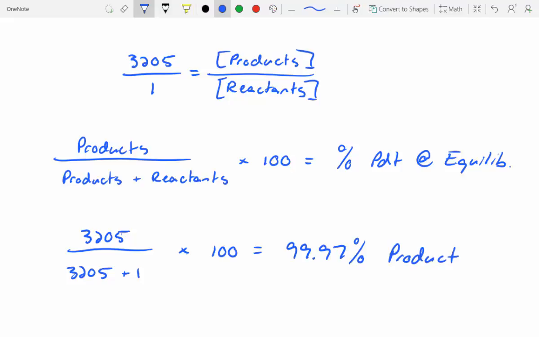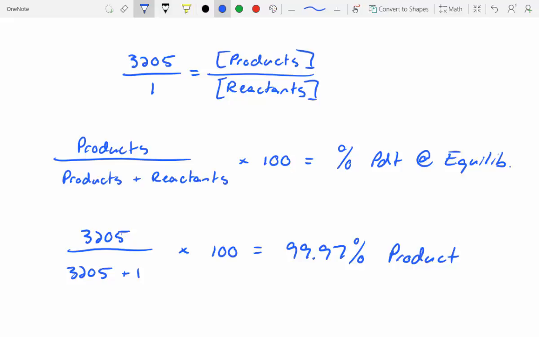So if we think about this from a practical point of view, if our delta G value is negative 20, is this much of an equilibrium? No, not really. If we're doing a reaction where 99.97% of the solution is your products, that's not much of an equilibrium.